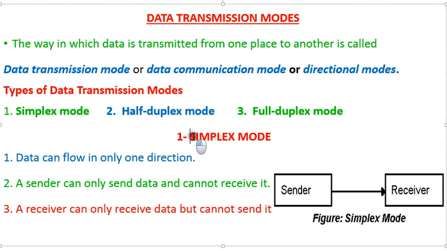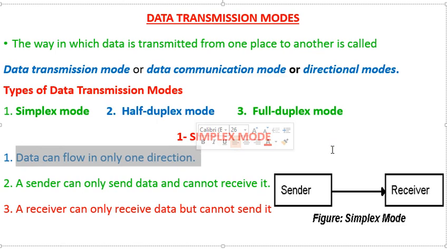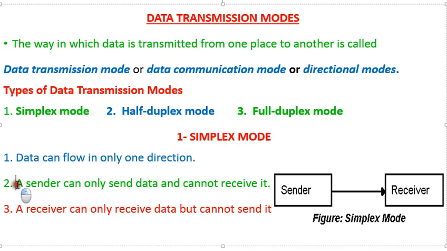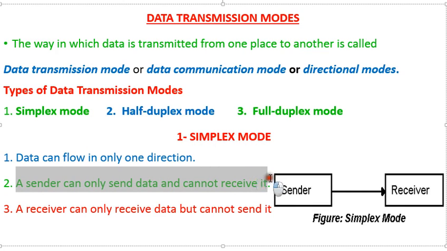If you look at the first one, the simplex mode of data transmission, we define it as the mode in which the data can flow in only one direction. It can flow only from the sender to the receiver, but the receiver cannot send data back to the sender. A sender can send the data, but he cannot receive from the person he sent to.